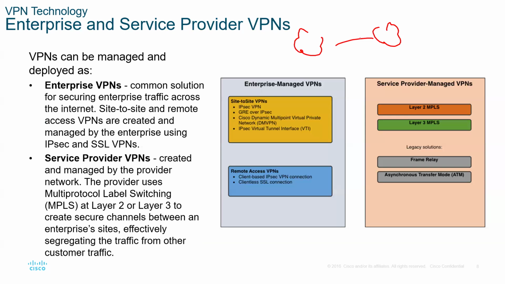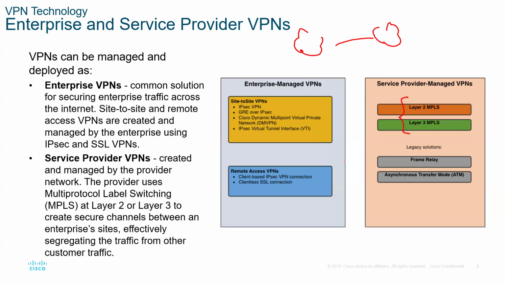This is different to the service provider. The service provider is going to provide the VPN services, for example the MPLS, layer 2 and layer 3 MPLS VPN. I think this one is very straightforward: a classification depending on who owns the VPN, who owns the infrastructure that's providing the VPN.